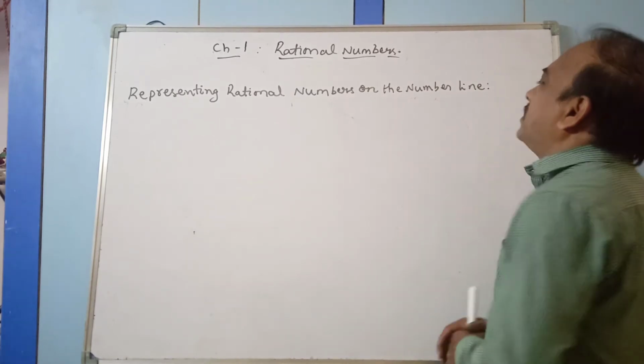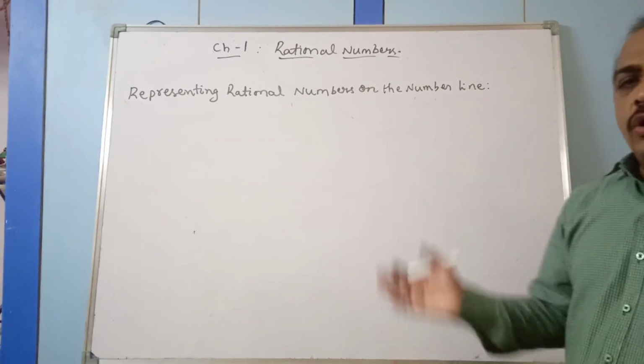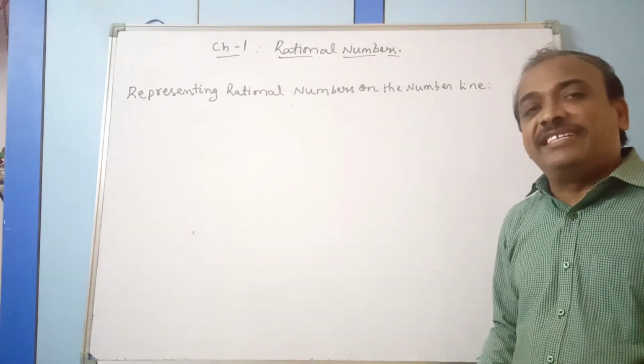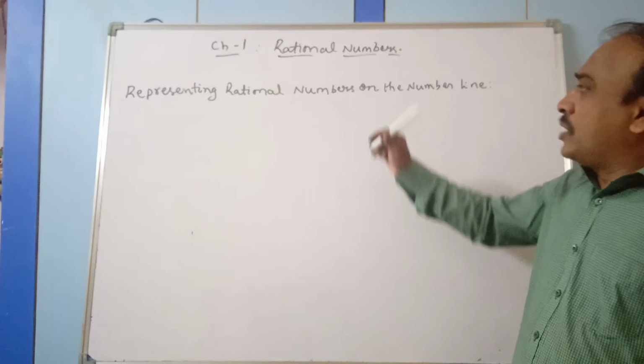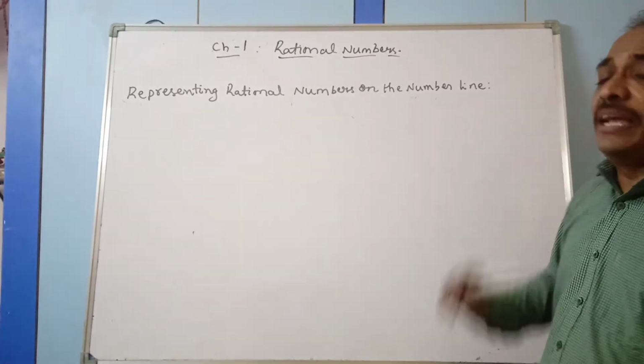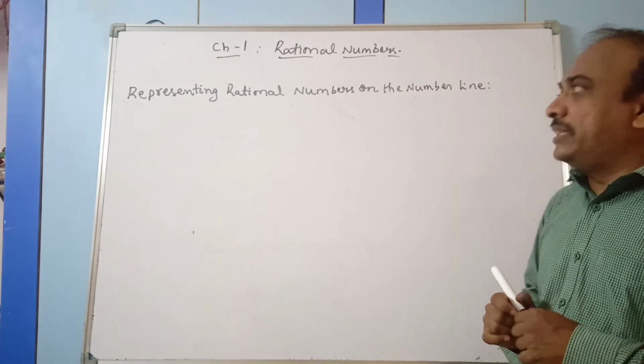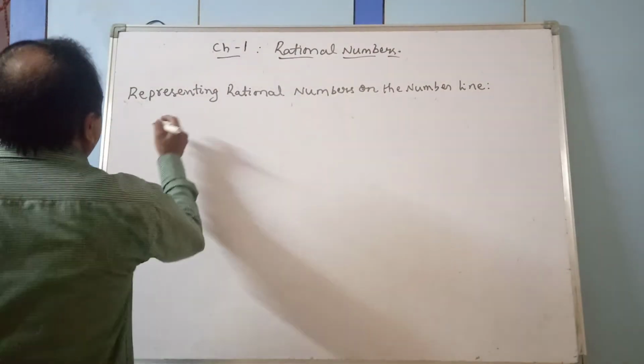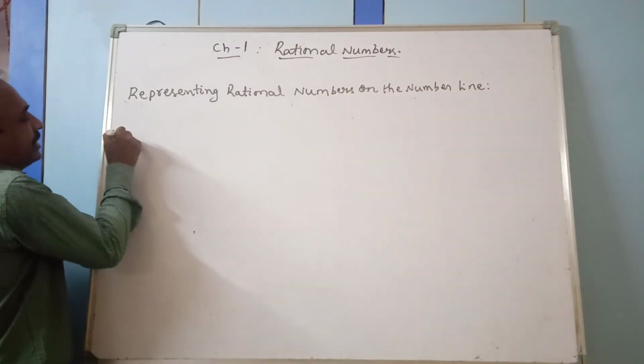Representing rational numbers on the number line. We learned how to represent natural numbers, whole numbers, integers on the number line. Now we are representing rational numbers on the number line. Before going to represent the rational numbers, first natural numbers.